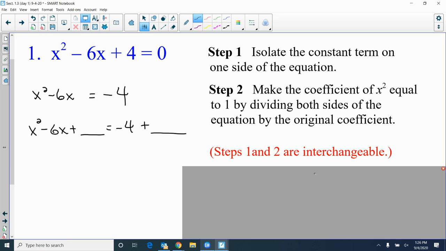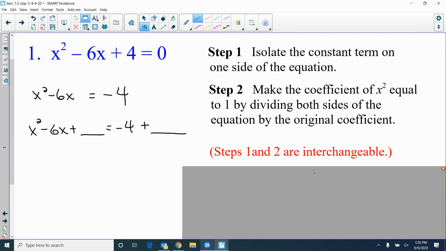Cole? 9. Okay, it's going to be 9, and let me just kind of explain over here. That's going to factor into x minus 3 times x minus 3, which is going to be x minus 3 squared. If I put a 9 on the left-hand side, that's going to make the equation unbalanced. You got to balance it by putting a 9 on the other side.